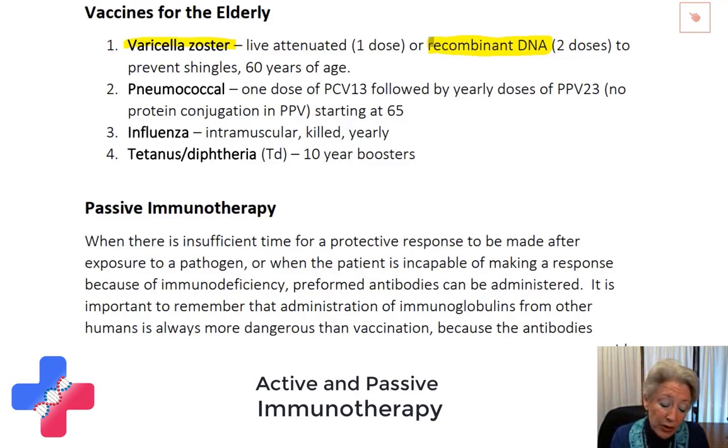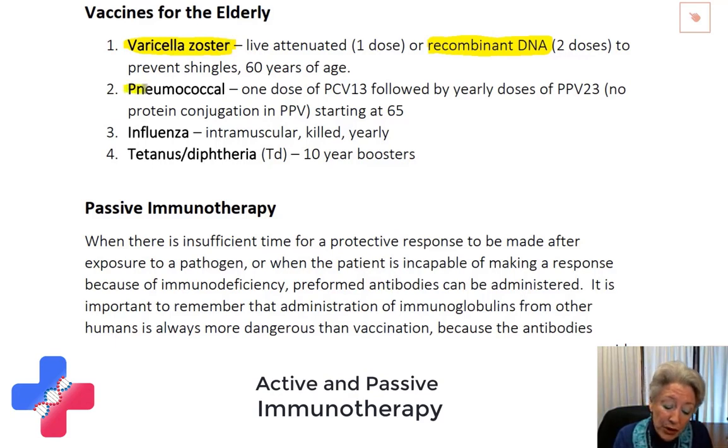I think the current recommendation via the American Medical Association for the elderly to use the recombinant DNA one is basically accepting the fact that as we age, we become less immunologically competent, and therefore it's simply not wise to take the chance. But I would tell you that when I turned 60 several years ago, my vaccine that I received against shingles was the live attenuated one, and I'm happy to have gotten it. I have a very strong immune response. But I know that the current recommendation to be safe is the recombinant DNA one.